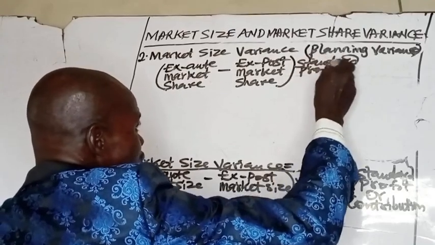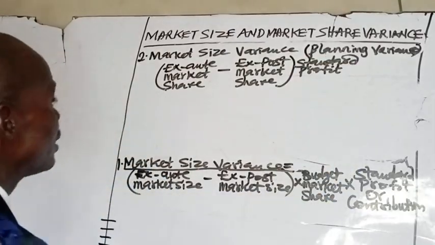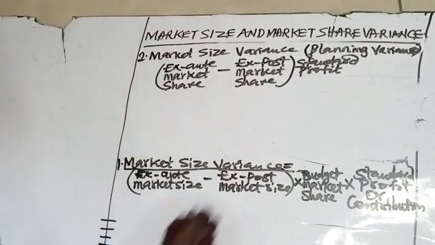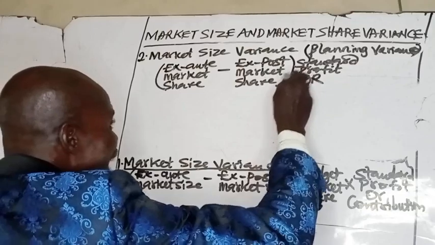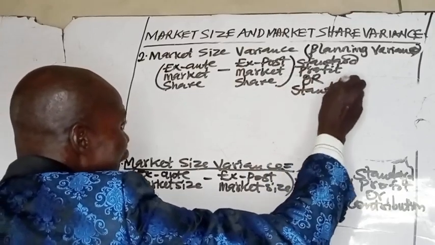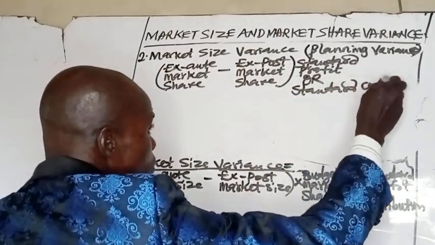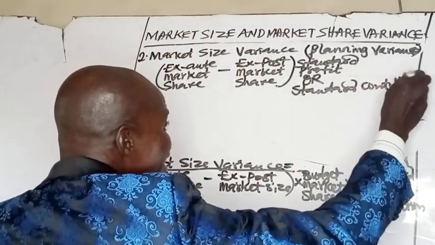That is, if you are using absorption costing school of thought. But if you are using marginal costing school of thought, you make use of standard contribution. That is market size variance.